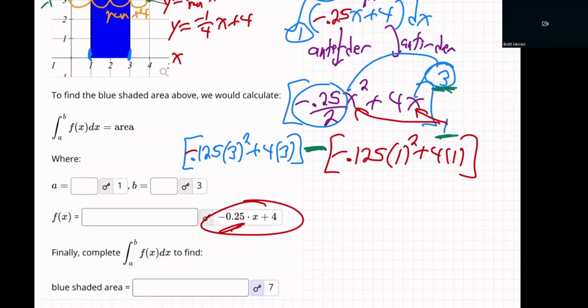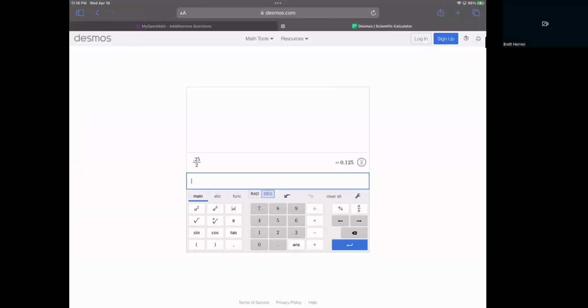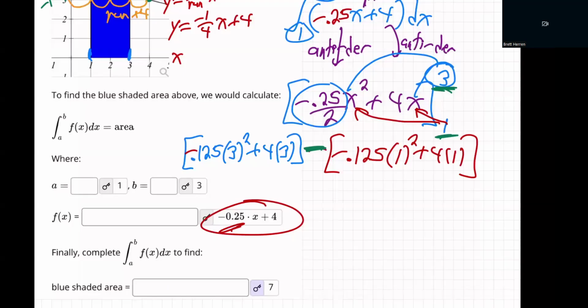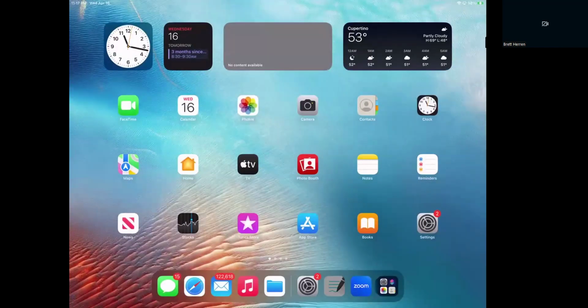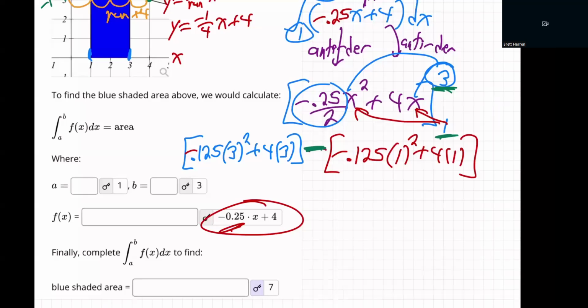So I got negative 0.125 times 3 squared. Parentheses, negative 0.125 times, I know 3 squared is 9. Plus 12, 3 times 4 is 12, parenthesis, minus parenthesis, negative 0.125 times 1, oh, just times 1, plus 4.